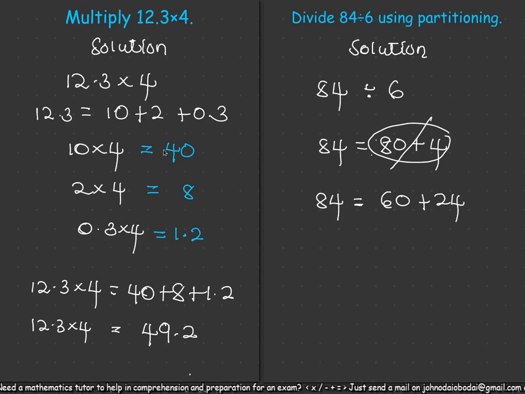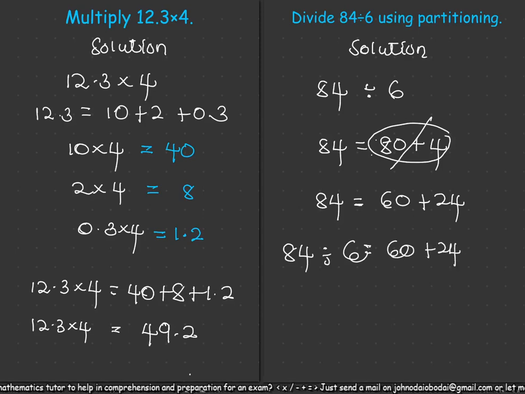With that, your 84 divided by 6 will now become 60 plus 24, all divided by 6. So to evaluate it, you take 60 divided by 6, then also take 24 divided by 6.